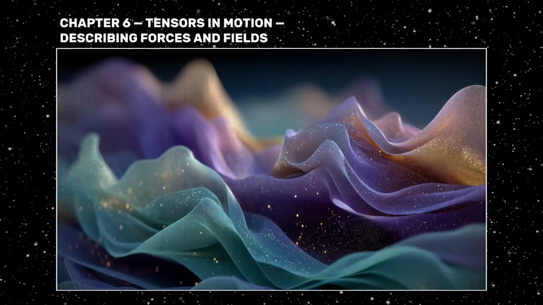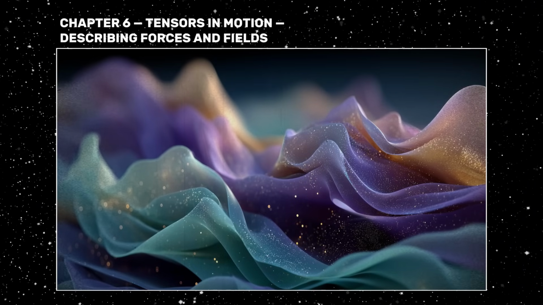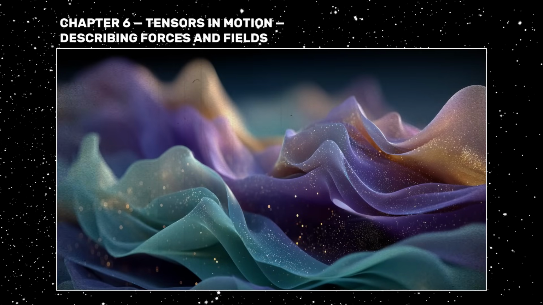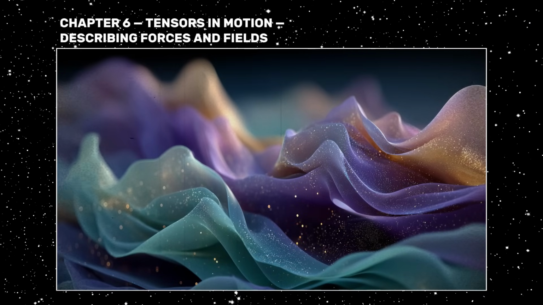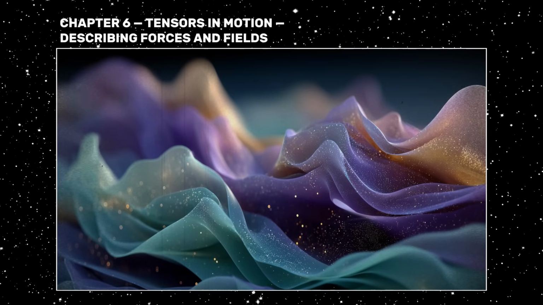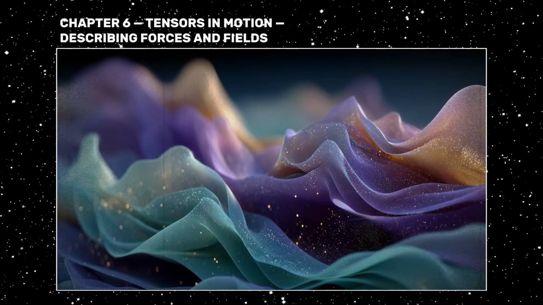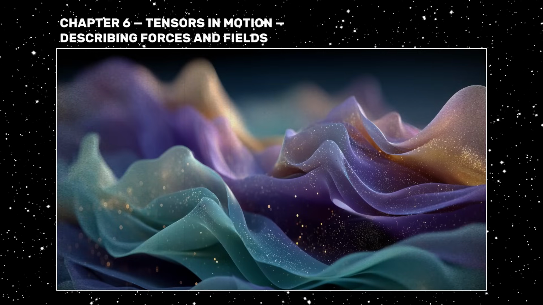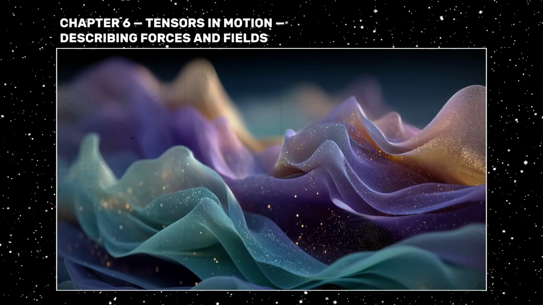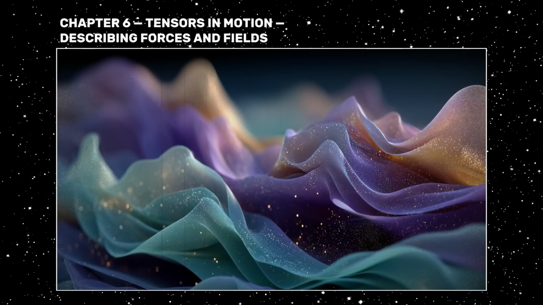But when expressed in tensor form, their beauty and symmetry become even clearer. The electromagnetic field can be represented as a rank 2 tensor, the electromagnetic field tensor, which packages the electric and magnetic components into a single object.